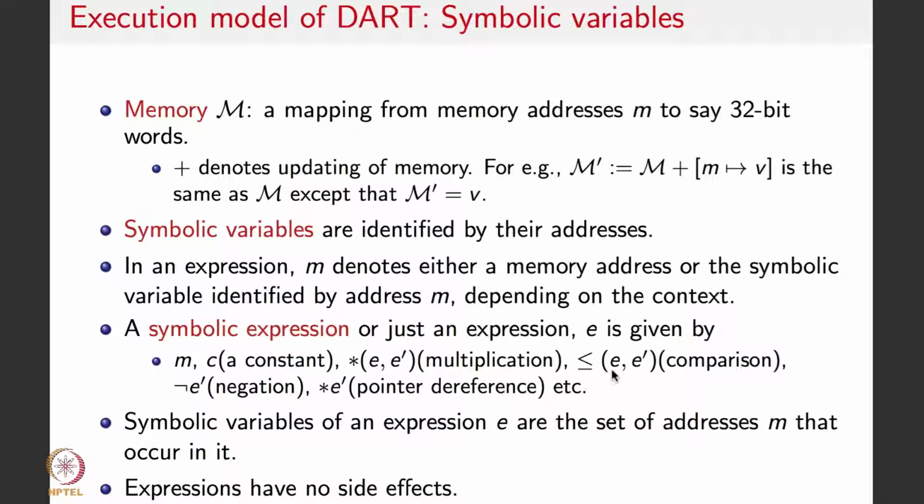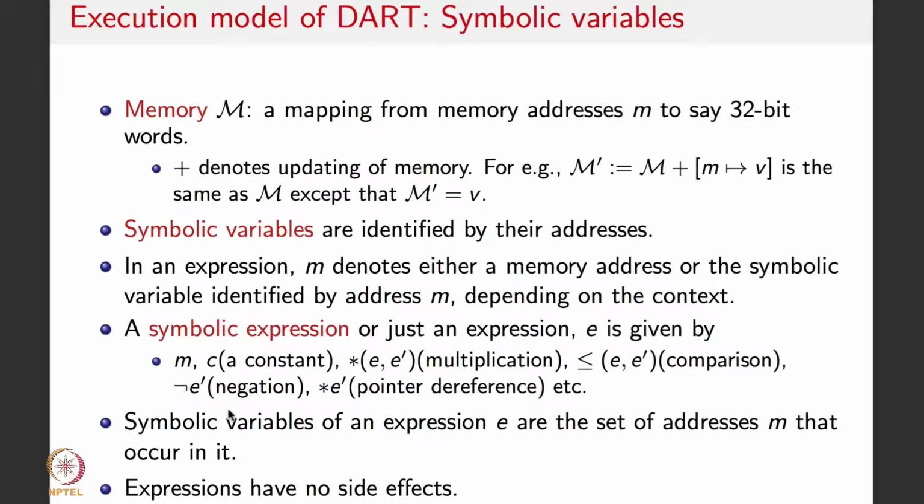Similarly, this e less than or equal to e prime should be read and understood as a generic instantiation of any relational operator which compares two expressions, e and e prime. So it could be less than or equal to, greater than or equal to, not equal to, strictly less than, strictly greater than, and so on.